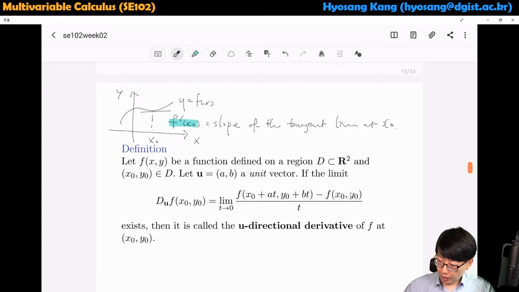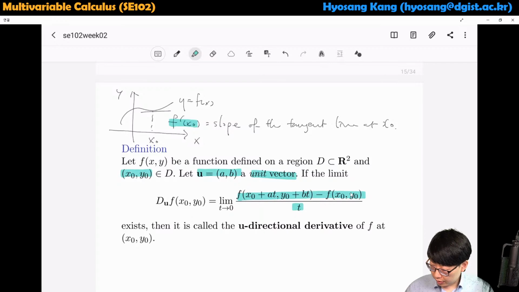So before we give the most general definition of differential, let's think about the easiest way to generalize the differentiability or differential of a single variable function to a two variable function. What we're going to do is give a direction from a given point in the two-dimensional plane. Say I pick x0, y0, and I give a direction u equals (a, b) as a unit vector, so it's a length 1 vector, and I want to define a limit of this ratio.